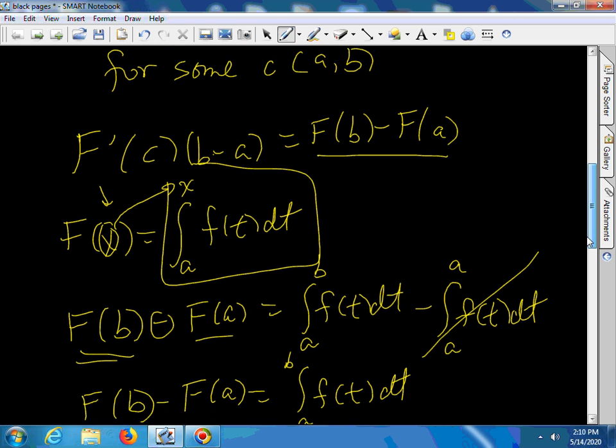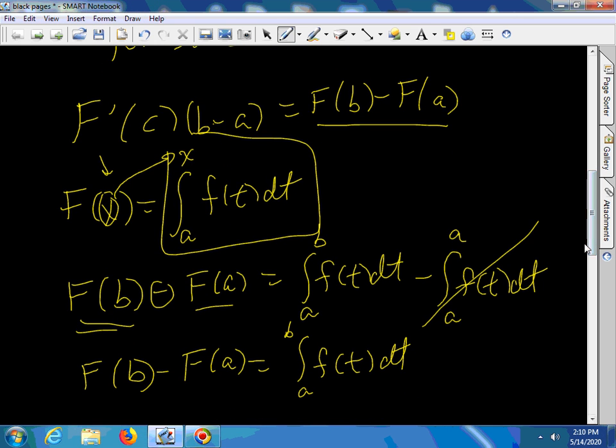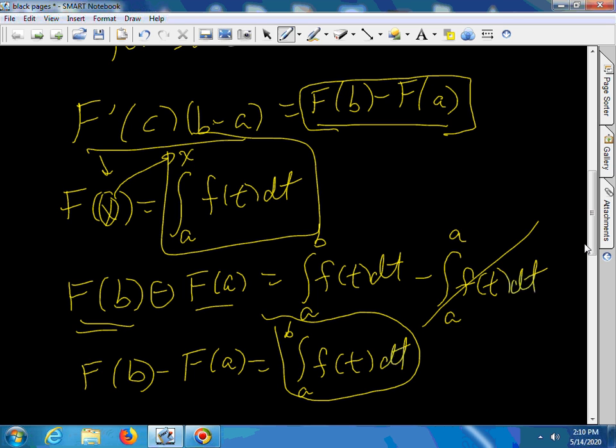Now, we know by the mean value theorem that this equals F prime of c times b minus a.